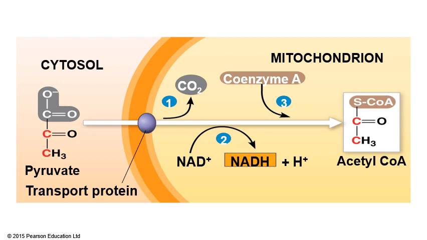So one CO2 is released and it becomes the 2 carbon molecule acetic acid, binding coenzyme A to become acetyl coenzyme A. Just before that, NADH gets reduced from the NAD plus form.